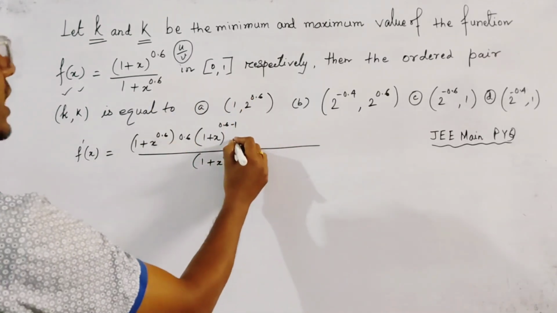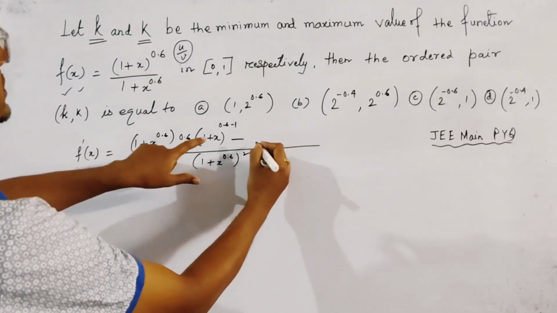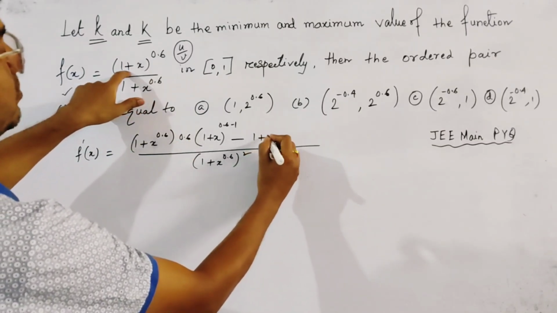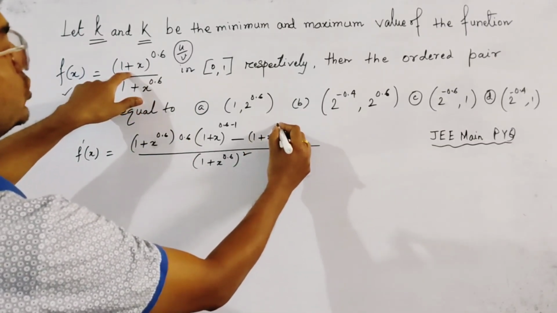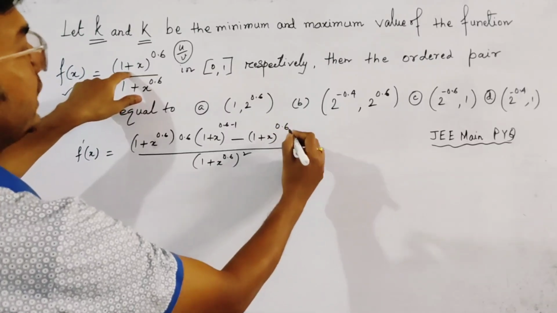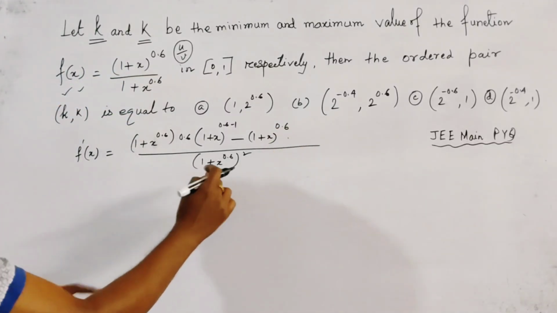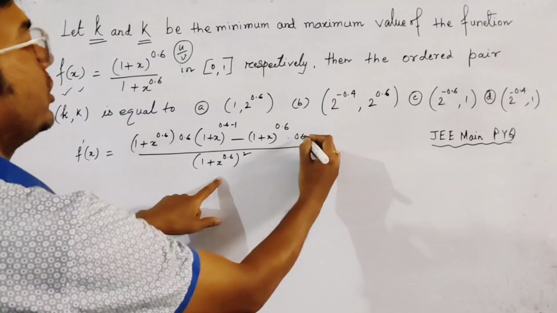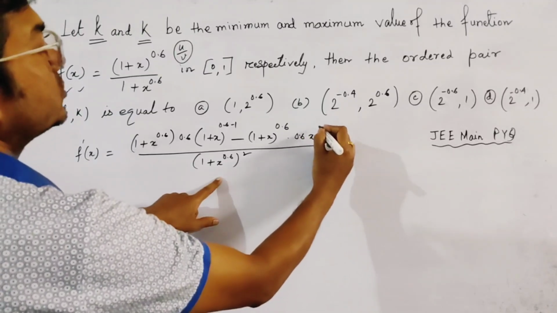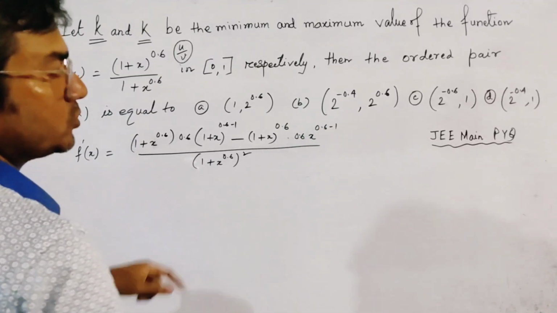This is the first term, and the second term is this term remains fixed, (1 plus x) raised to the power 0.6 into the derivative of this, which is given by 0.6 into x to the power 0.6 minus 1.